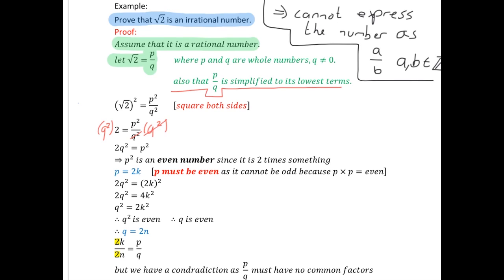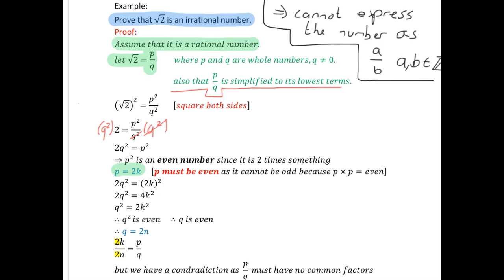So what we let p equal to is 2 times some other variable k. So now if we substitute that value for p into this equation up here, on the left we still have 2q squared, but on the right, instead of p, we're going to write 2k. So we have 2k squared.